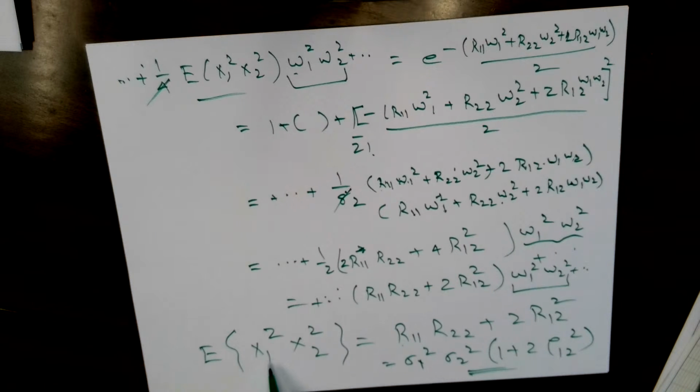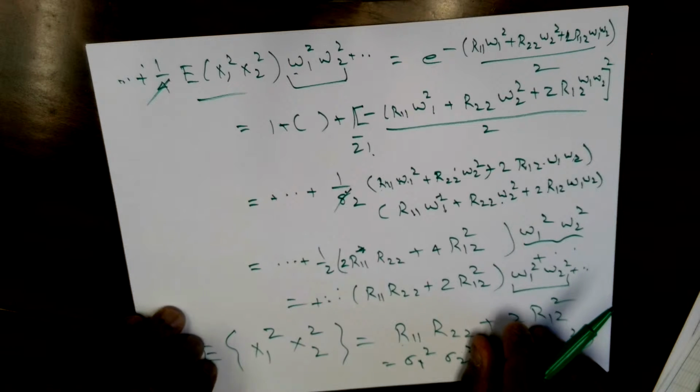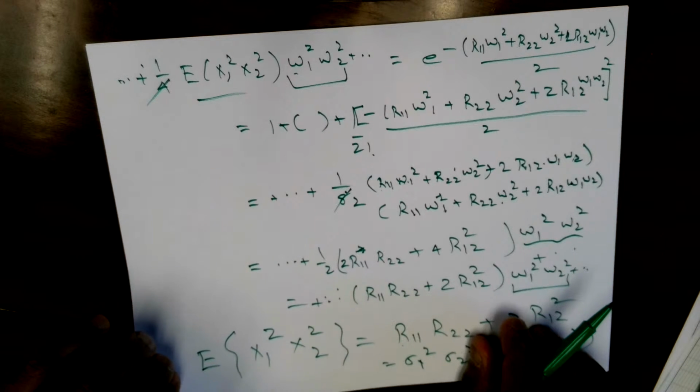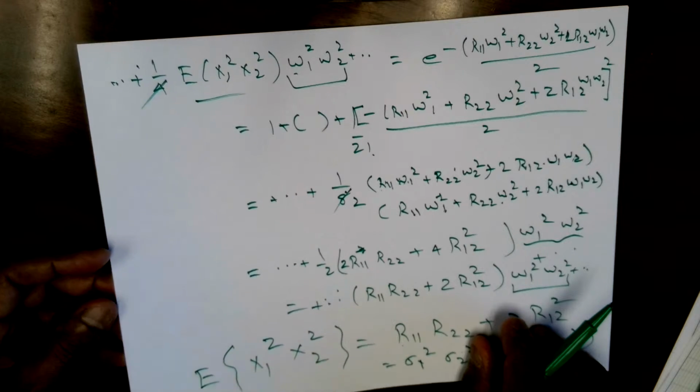And if rho is just the correlation between x1 and x2, and if the sigmas are identical, then it is sigma to the 4 multiplied by 1 plus 2 rho 1,2 squared. So that was for 2 random variables. Now, just to show this technique, let me do this also for 3 random variables.